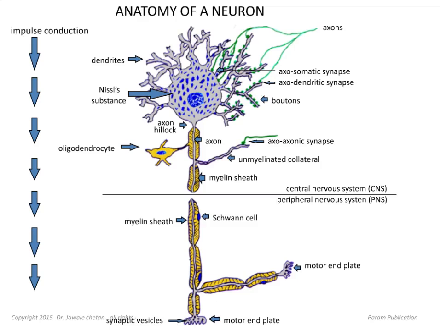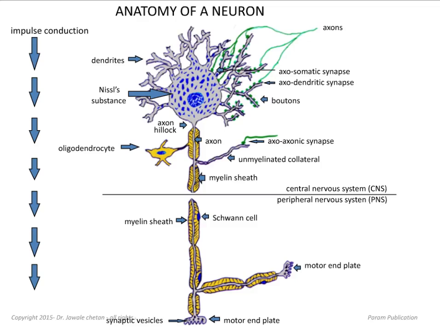This slide shows the anatomical structure of a neuron. The neuron is the structural unit of nerve tissue. Together with their processes, the neurons develop from the neuroblast cells of the embryo. Each neuron is made up of three parts.